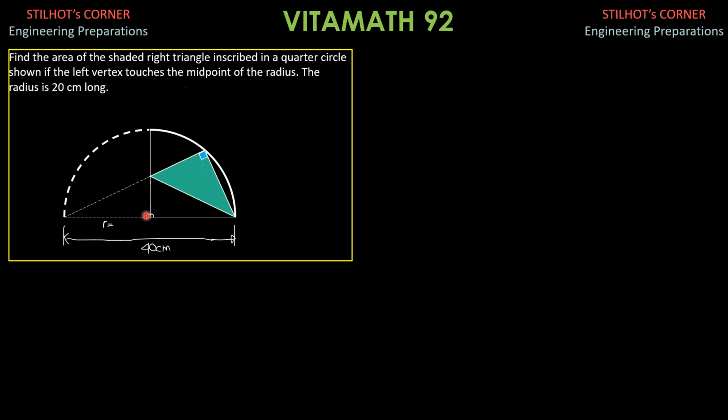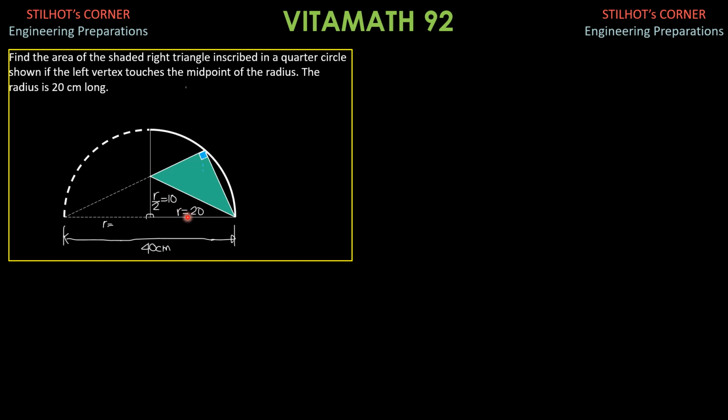And since we can find the slope of this right triangle, we can also find the slope of this angle, and the height can be expressed in terms of this side here, which is also the side of a right triangle. So that's the plan.